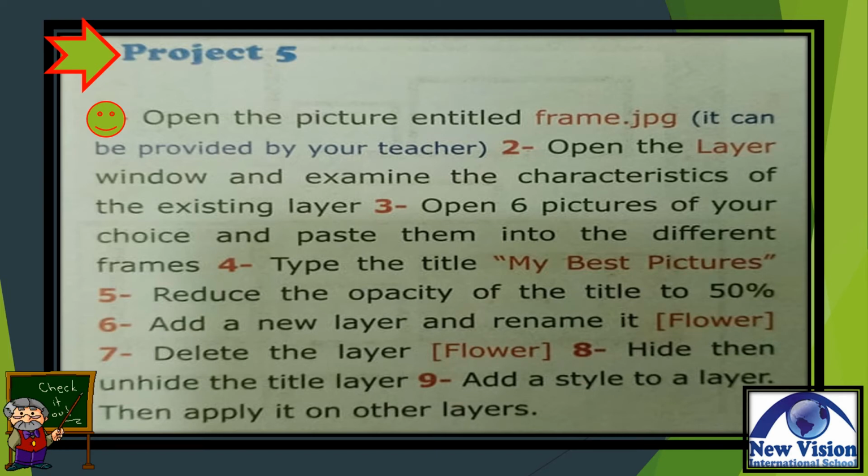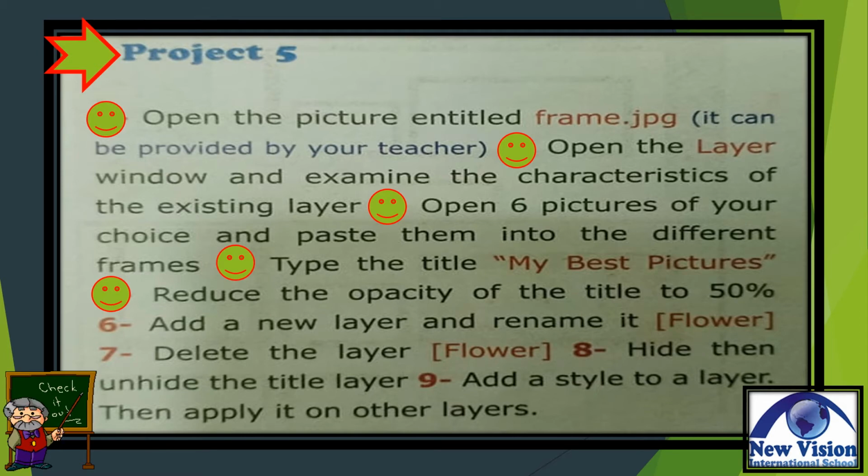Number 2. Open the layer window and examine the characteristics of the existing layer. Number 3. Open 6 pictures of your choice and paste them into the different frames. Number 4. Type the title, My Best Pictures. Number 5. Reduce the opacity of the title to 50%.